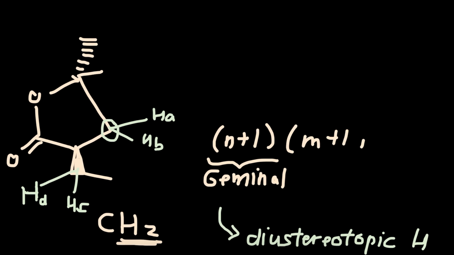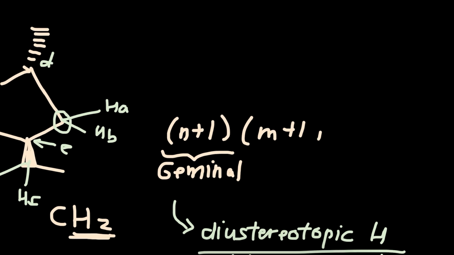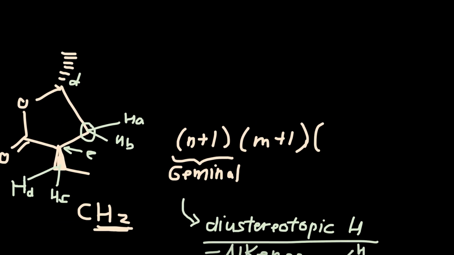There is one H here, there's one H here, and this is going to be type D. This is type D proton, and we'll name this E, so then it's adjacent to many protons. So we'll call this B, this can be D, and this can be E plus 1.